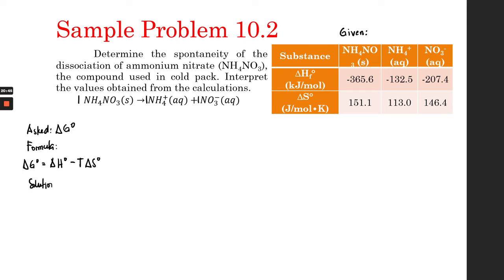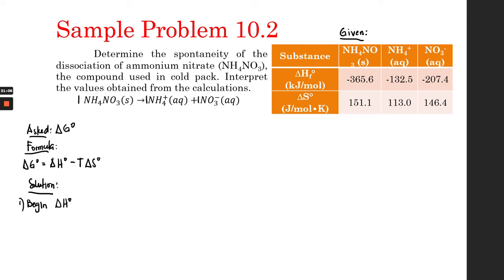So for the solution, what you want to do is start with, para hindi tayo nalilito, no? You can start with the delta H, or the standard enthalpy of change, with this equation, and it's usually given.